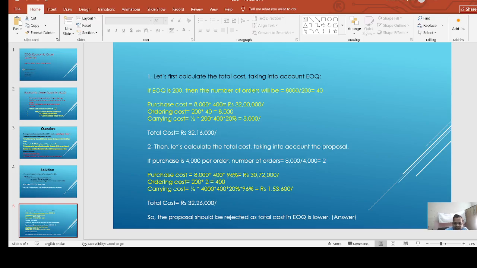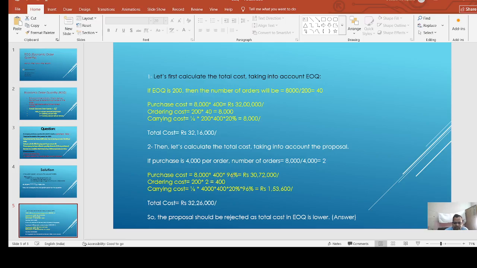Why this 96%? Because it will give 4% discount on the purchase cost per unit. So per unit cost is 400 minus 4% discount, or you can multiply it into 96%.